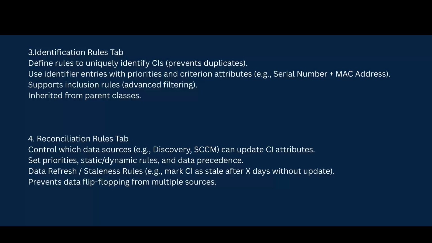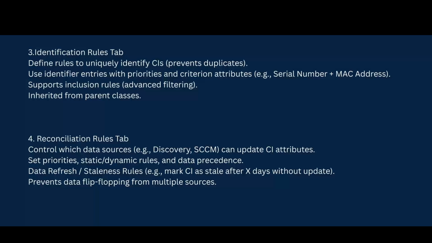And the next is nothing but the reconciliation rules tab. So this particular tab helps us to control which data sources. Let's say we have multiple data sources that are updating CMDB, like Discovery, SCCM. So which one should have more priority over which fields, right? It's as per the fields that we define in this reconciliation rule.